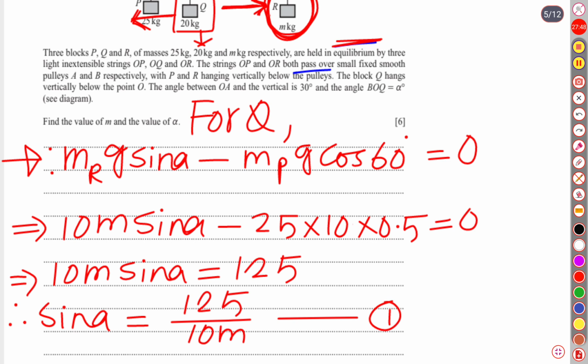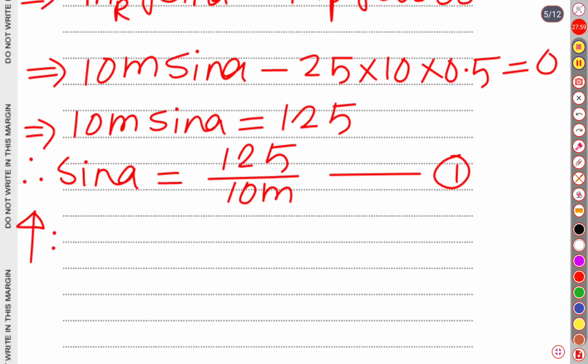There will be two simultaneous equations because we are supposed to find two values. So let us resolve the forces vertically. Applying the same concept, driving force minus resistance to motion is equal to zero.